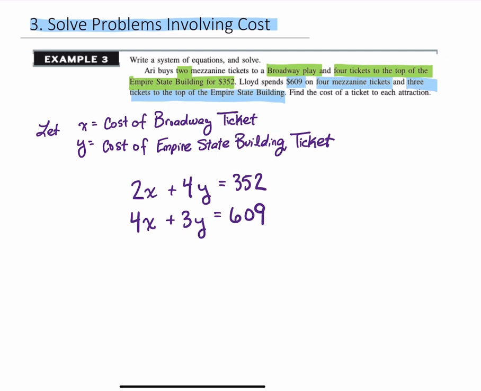Now, let's see, if I multiplied this first equation by -2, it would give me a -4x, and then I can solve it via elimination. So let's take that route. I'm going to multiply the top equation by -2.